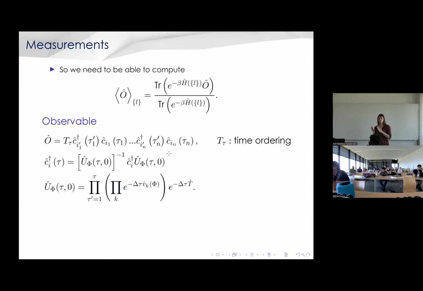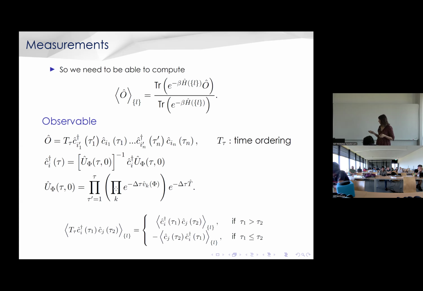You could also put them all at the same time, and that's called an equal time correlation function. And that's also a type of observable in the code. But you could also put them at different times within this path integral. And so this is a way you could define the operator so that it's at the time that you want, where this is like an imaginary time evolution operator.